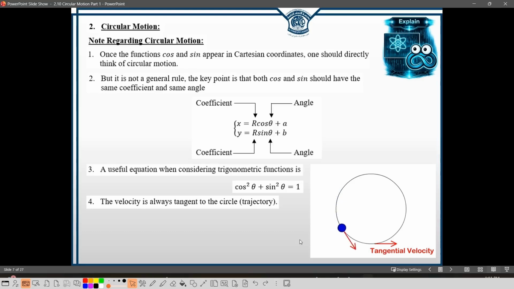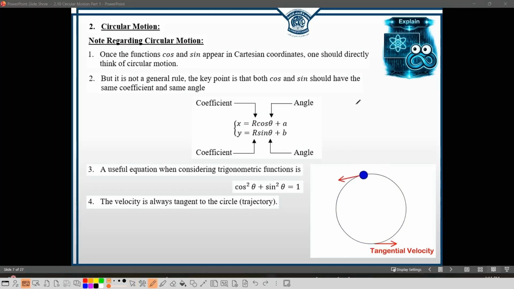Now, let me remind you that in the unit circle, we always set the cosine along the x-axis and the sine along the y-axis. Usually we use this trick just to memorize the integration and the derivative.